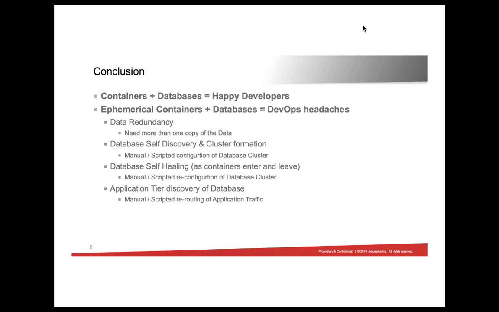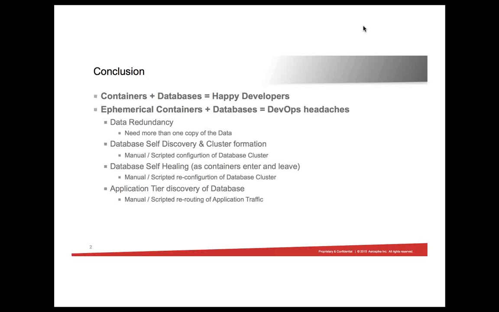Containers and databases, essentially you get happy developers. They have a very easy way to go develop on their laptop or their desktop and try out various configurations and deployments. They can test it all, everything's great. But if you think of containers as these ephemeral devices, and you think of ephemeral and databases, then you have a whole bunch of DevOps headaches.